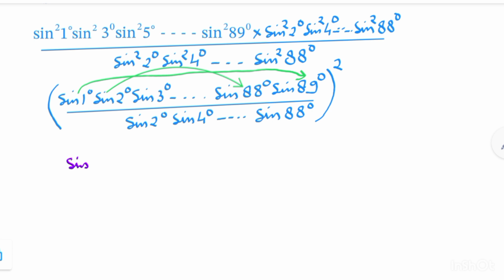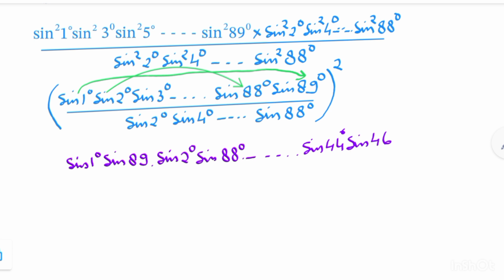So we will get sine 1 degree into sine 89 degree. This is one pair. The second pair will be sine 2 degree, sine 88 degree, and this will go till sine 44 degree into sine 46 degree. 44 and 46 are taken and sine 45 will be left alone, because here we have 89 terms. 89 is an odd number.